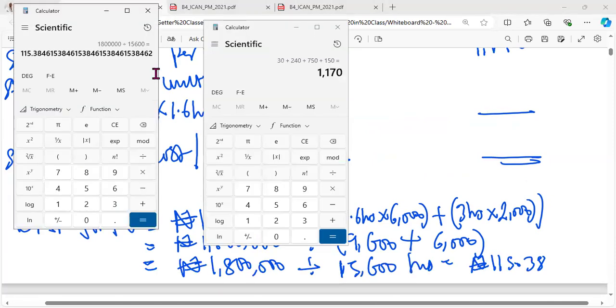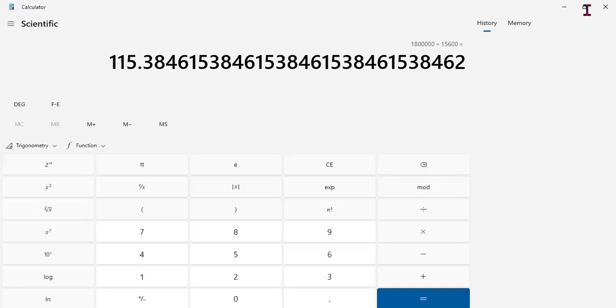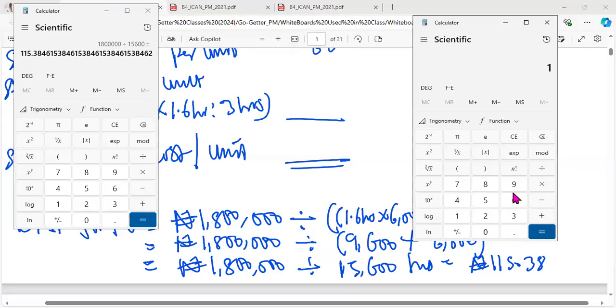I can as well take it from here and use it here. Okay, so the first one is this cost multiplied by 1.6. So I can start with 1.6 multiplied by this very cost here, even though I've written the round figure, and it gives me, I will call it 185 to the nearest whole number.